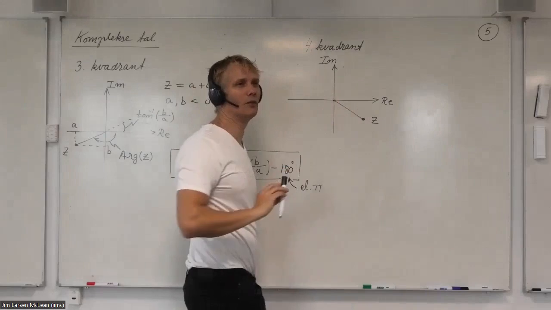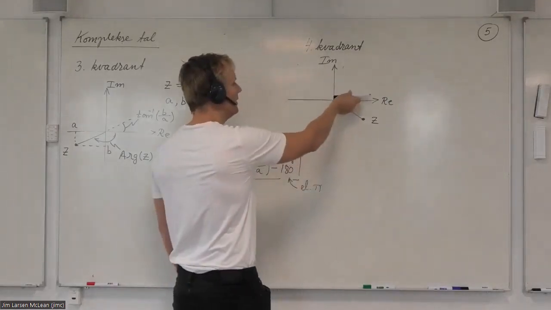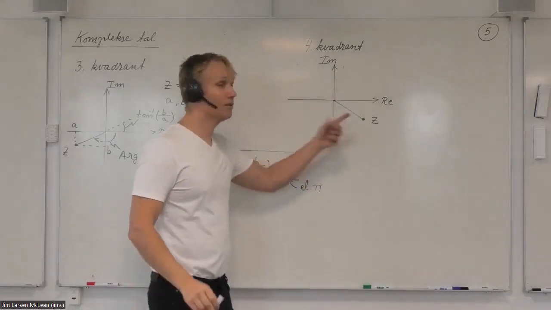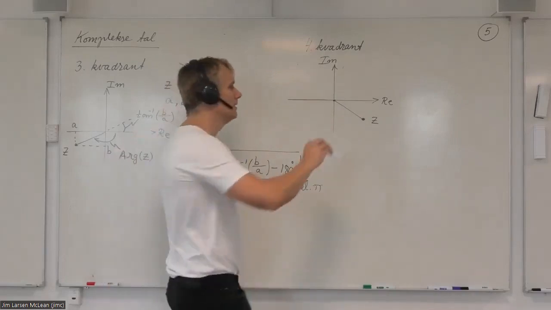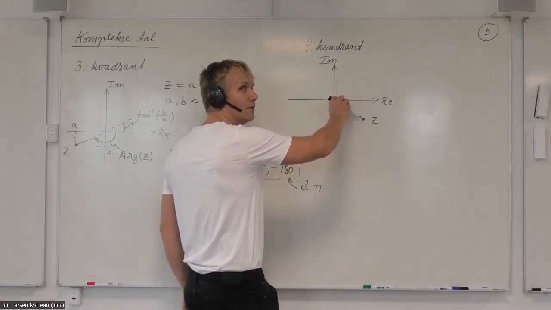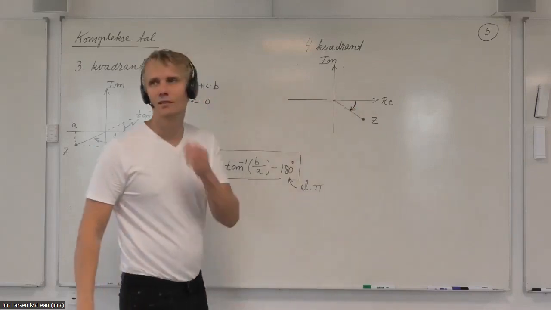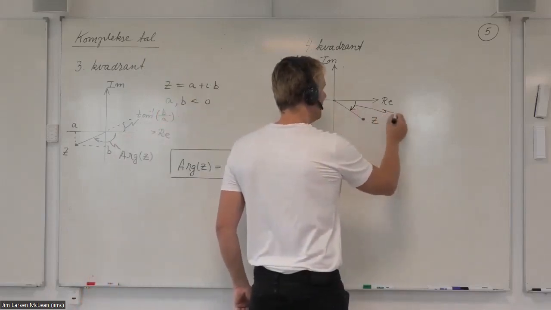Well, it wasn't the main argument, but it's an argument. So it would be fine if I could find this angle here. And the only thing I was looking for was some angle pointing to z, so that's good enough. But if I'm insisting that it should be the main argument for z, then it's this one I'm after. So I'd like to know this angle. And you can see on my drawing, it's negative. So in here, this is my main argument.